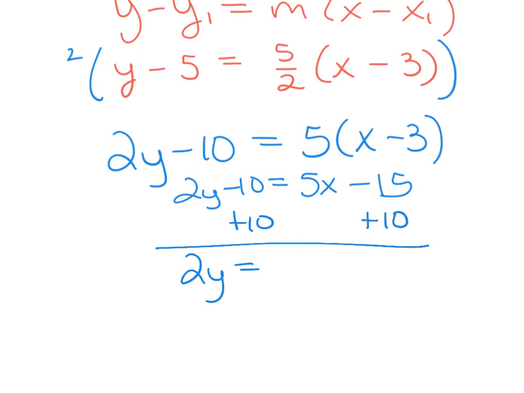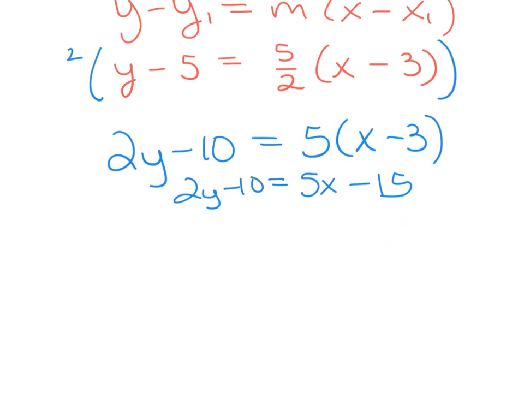Okay, let's do that. Good idea, Vincent. So let's move instead the y, and we'll move the constant to the other side because we want to leave our x positive. I could have moved it over, but then I can divide everything by negative 1. Either way, so let me just do it this way.